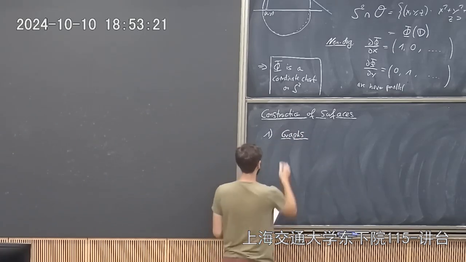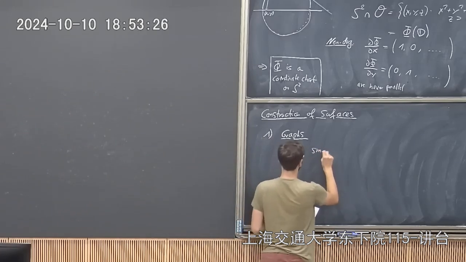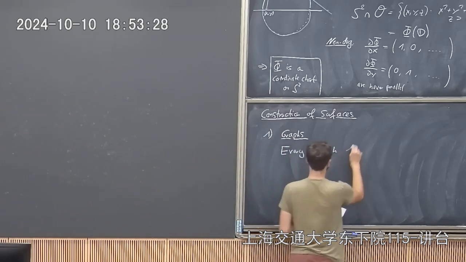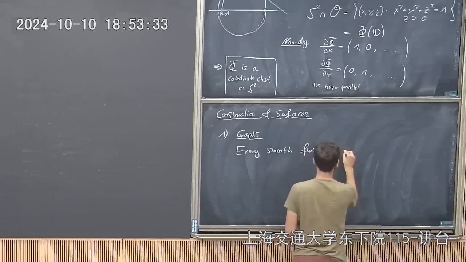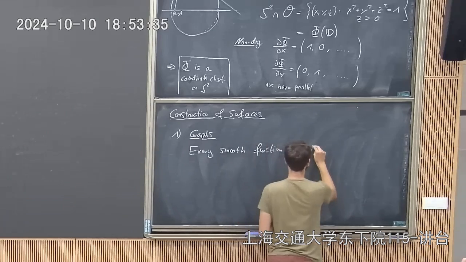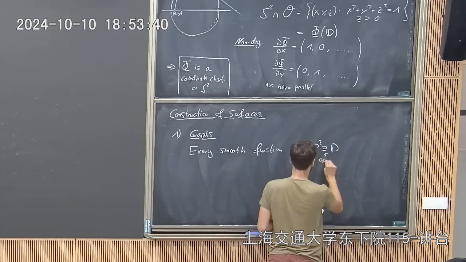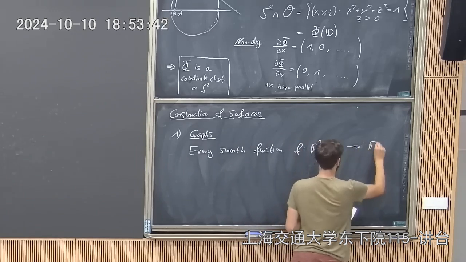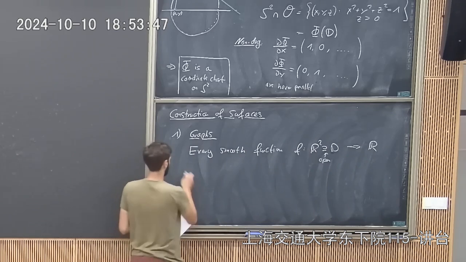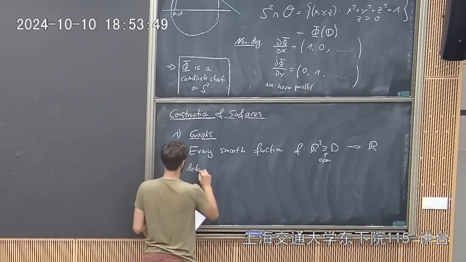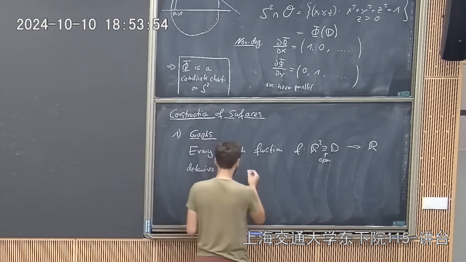So for example, if we have a smooth function which is defined on some open subset and takes values in R, such a function determines a parameterized surface.